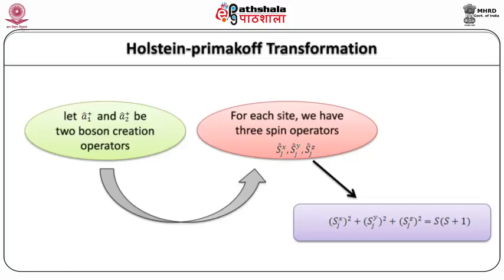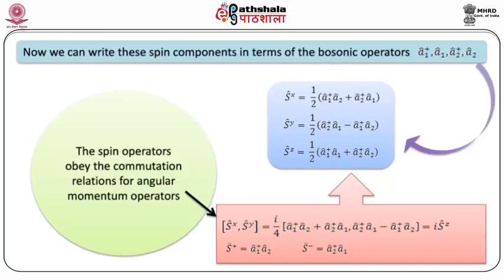This identity is very important: Sjx square plus Sjy square plus Sjz square is equal to S into S plus 1, where S is the total spin. This last identity is very important, and it will be used throughout this module. Now we can write these spin components in terms of the bosonic operators A1 dagger, A1, A2 dagger and A2.